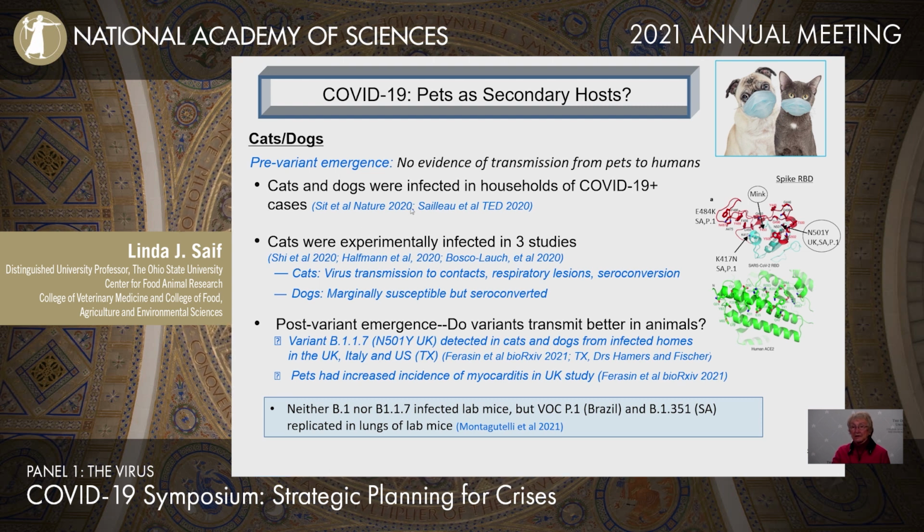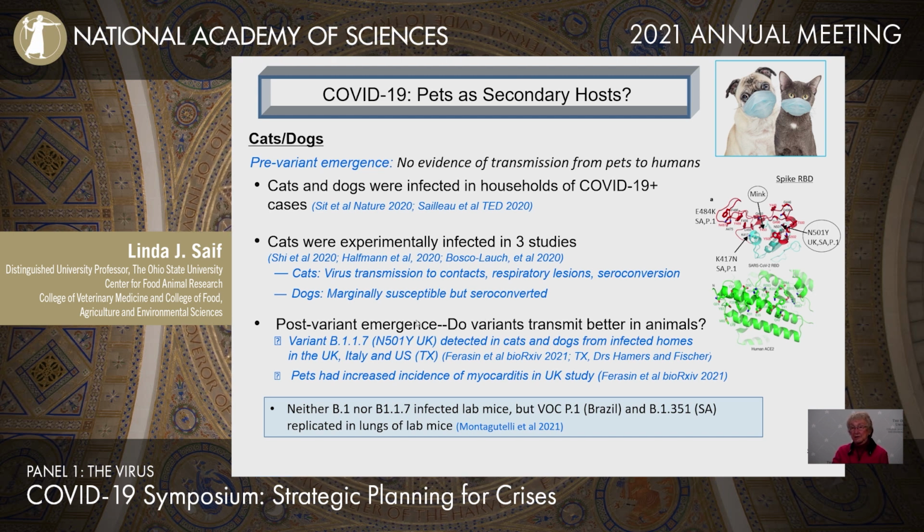So to investigate this, there were experimental studies done in cats and dogs, and in 3 studies, all showed the cats could be experimentally infected with virus transmission to contacts. Some had respiratory lesions and all seroconverted, whereas dogs were only marginally susceptible, but they seroconverted.